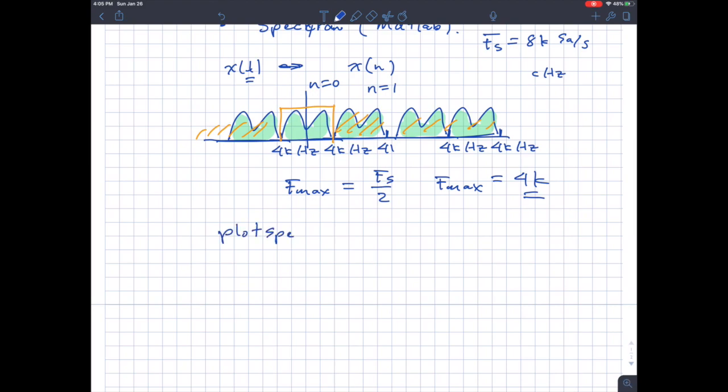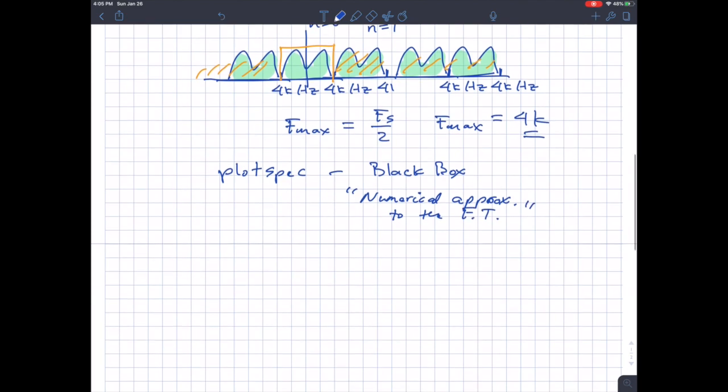Plot spec, think of this as a black box. And what happens inside the black box is it's a numerical approximation to the Fourier transform.